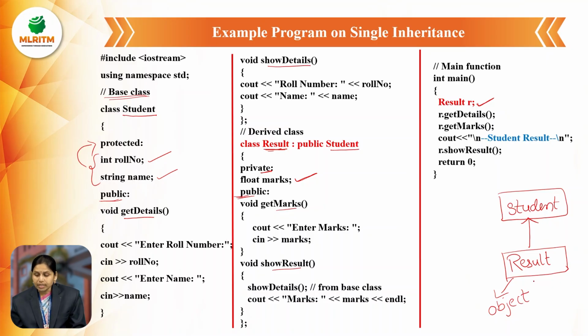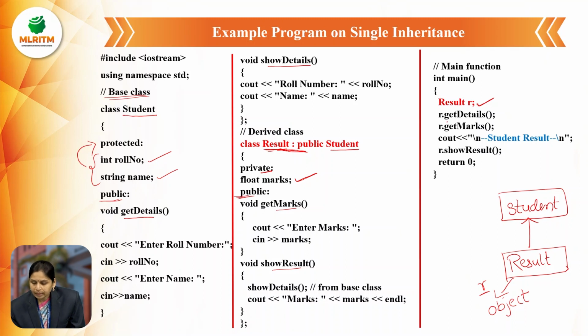Because by using this child class object, we can access the members or methods from the parent class. Because here there is an inheritance relationship between the parent and child classes. So we have to create an object for the child class. The child class name is result and the object name is R. Here the object is R. By using this object, we can access the methods and variables from the parent class and child class.